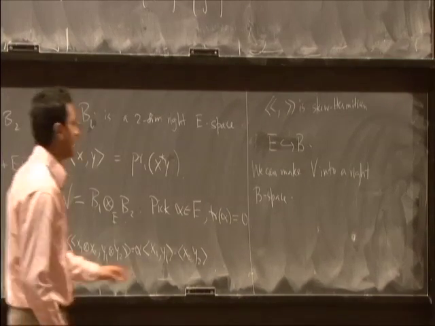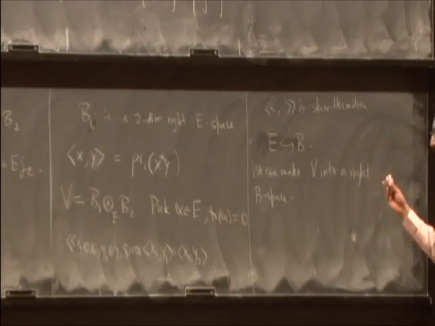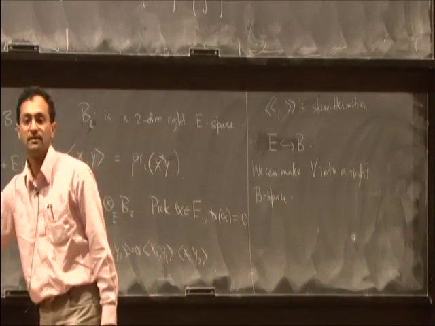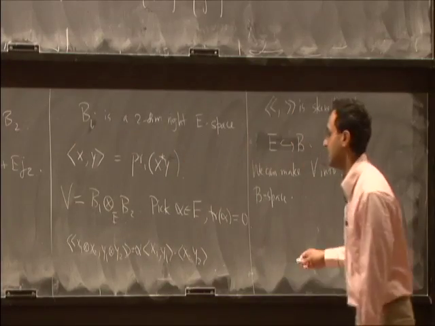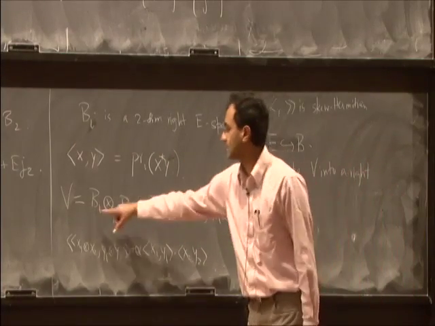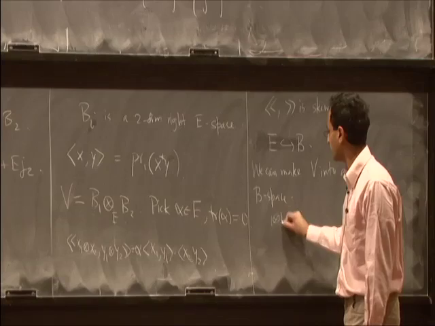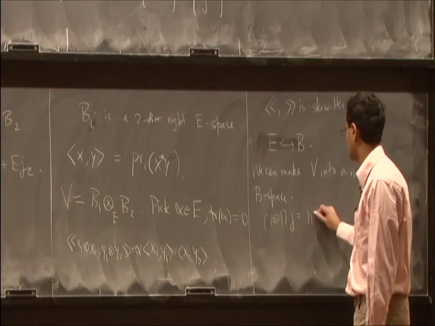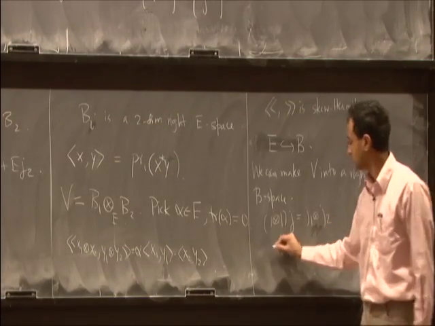So how do I make V into a right B space? I already know how E acts. I just need to tell you how this little j acts. I make it act in the following way on all the basis vectors. On 1 tensor 1, I send it to J1 tensor J2.